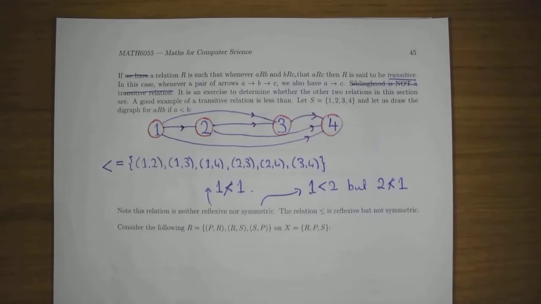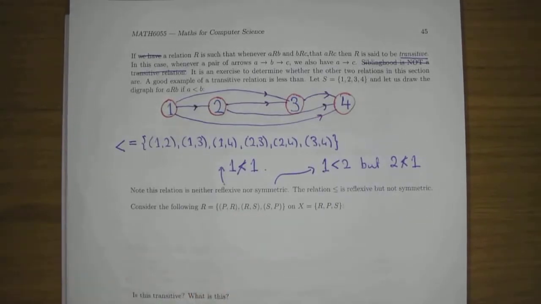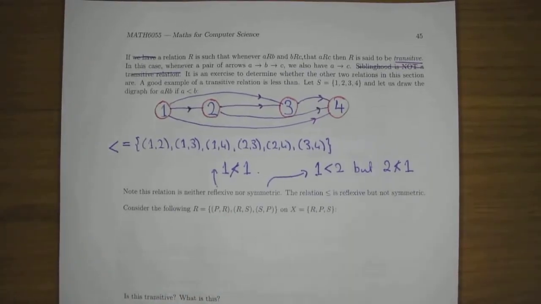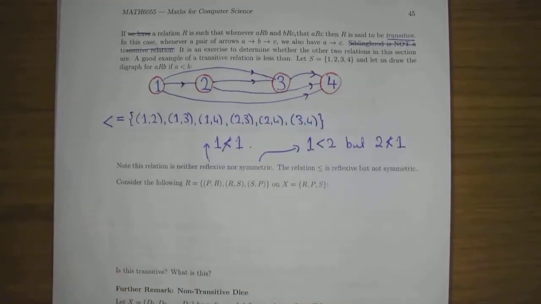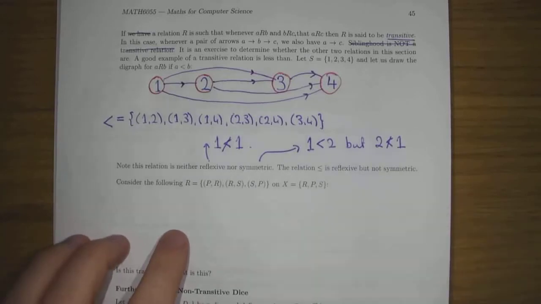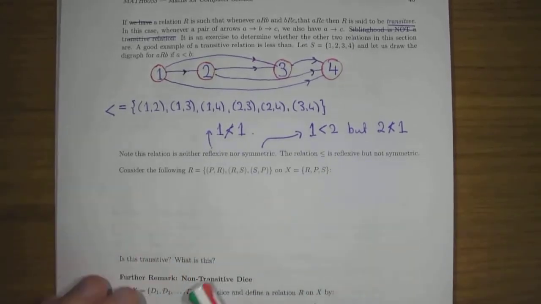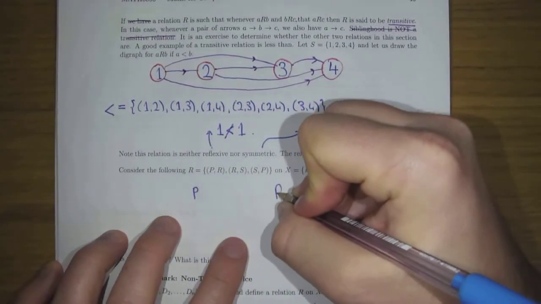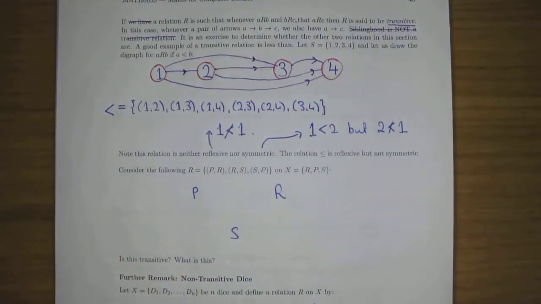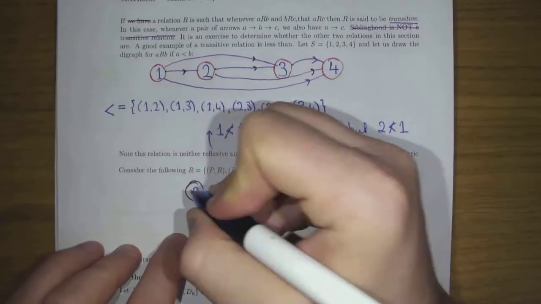Okay. So now I'm going to draw something here. So here's a relation, PR, RS, SP, and is this transitive? Maybe not. So we have P or S. This is a relation.